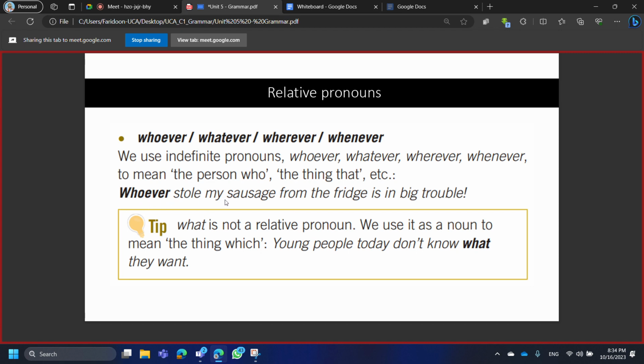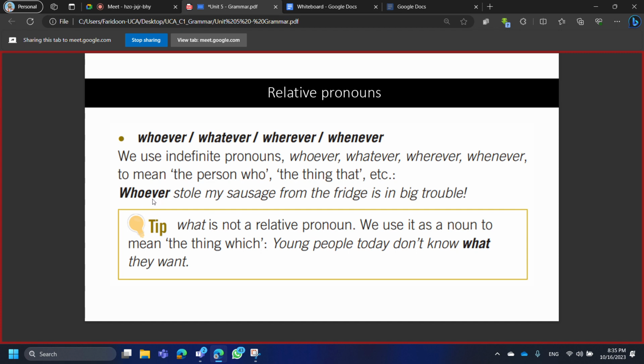For example, whoever stole my sausage from the fridge is in big trouble. It's called indefinite because it's not known. You don't know who stole it, and when you say whoever, it's just going to emphasize the fact that you don't care who stole the sausage.